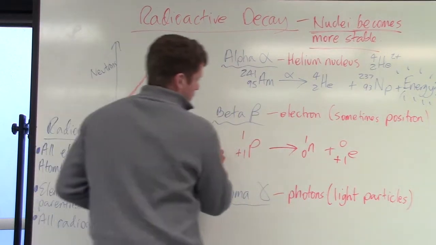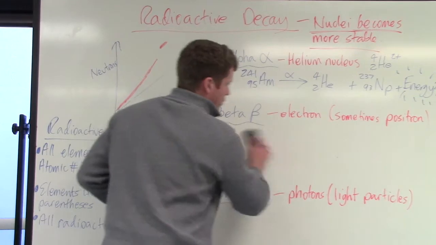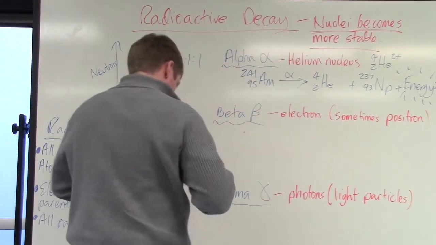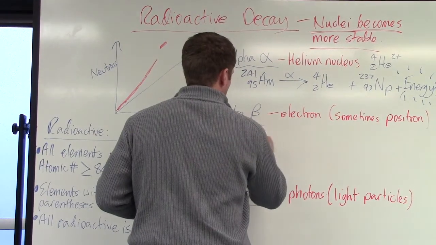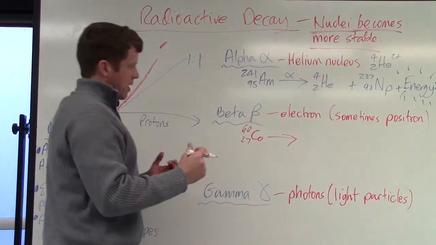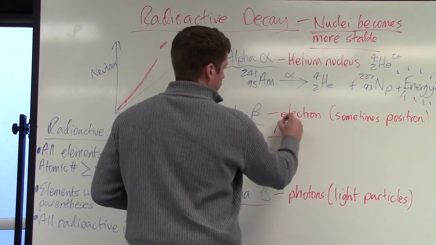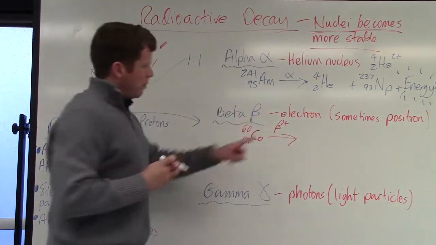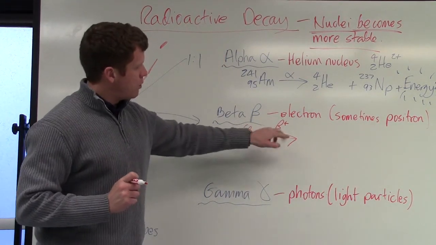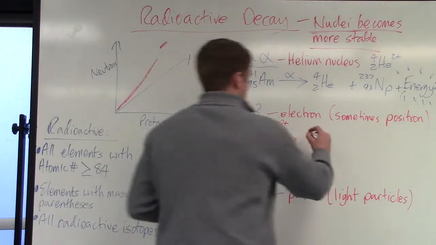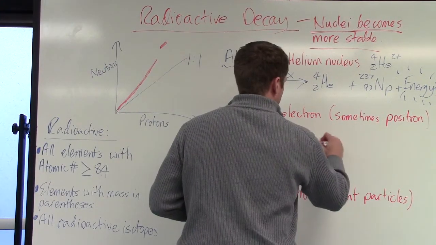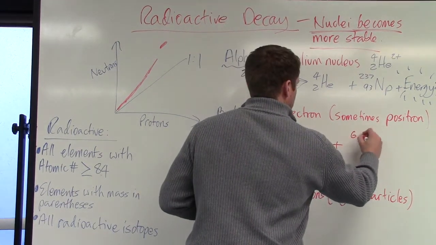To show an example of that type of decay with an element, we can just use cobalt 60 again. If it undergoes a positive version of beta decay, which we represent with this little plus sign next to the beta symbol, that would be 0, +1, plus 60.